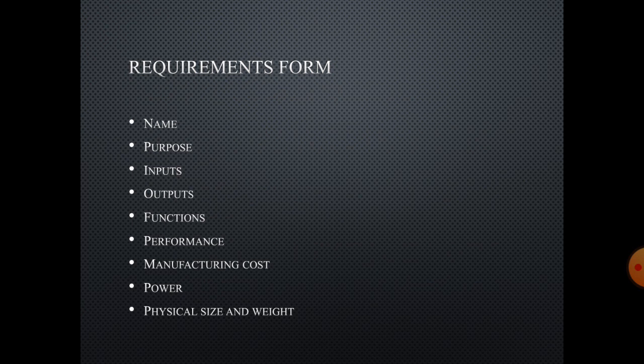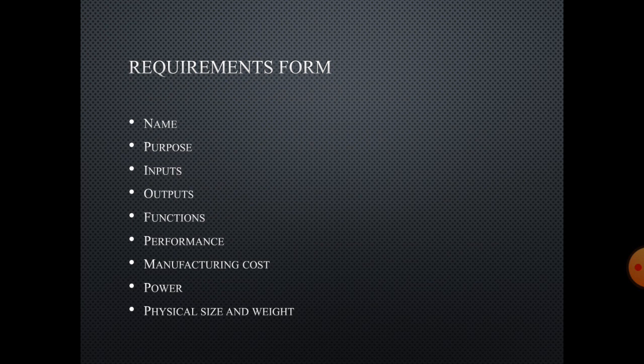That is, the requirement should consist of 9 sections. That is, it contains name, purpose, inputs, outputs, functions, performance, manufacturing cost, power, physical size, and weight. So these are the 9 points that are to be in the sample requirement form.